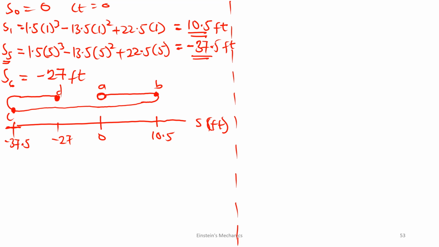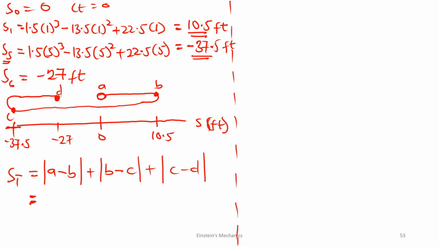If we are to find the total movement, since we are interested in position, we can take the magnitude of the motion A to B, then add it to B to C, then add the magnitude of C to D. From A, it was 0 minus up to B. We are saying minus because we want to find the difference so that we will know where it is.